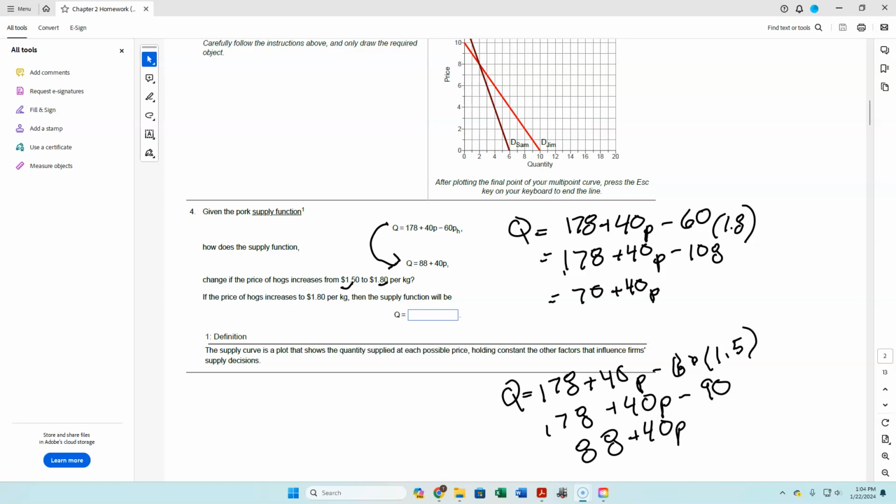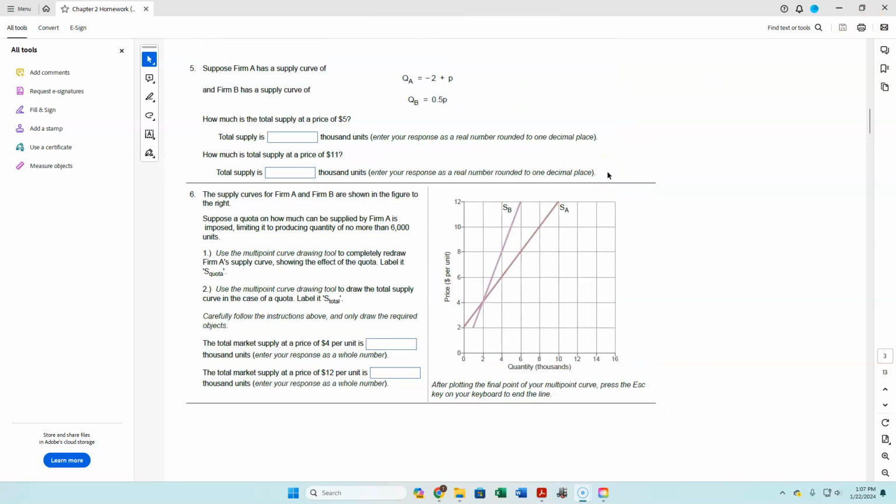And that would be where they got their 88 plus 40p here. But now, by raising the price to 180, this would be my new supply function, which we would put into there. So yeah, I solved it for you here, but again, the idea is you're going to be a bit more comfortable seeing this again in the future. And yours might actually look different given the way that the system does things.